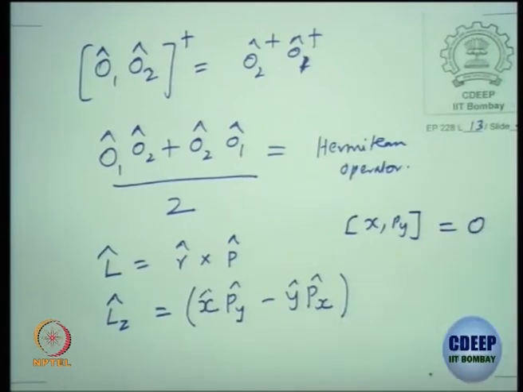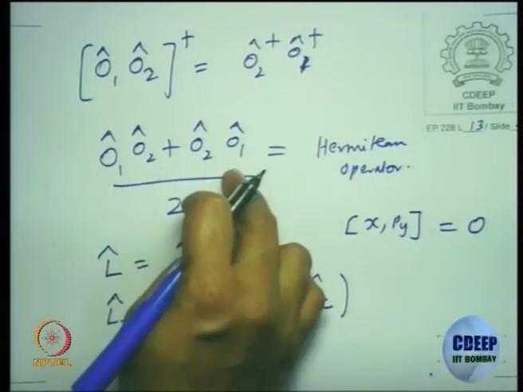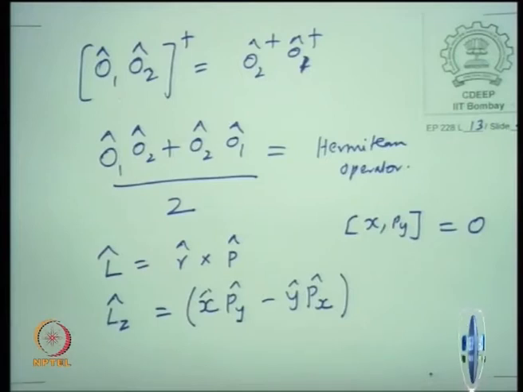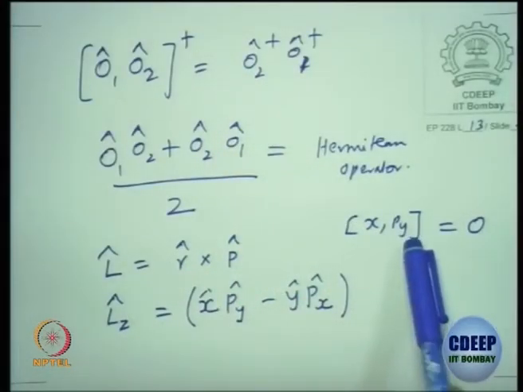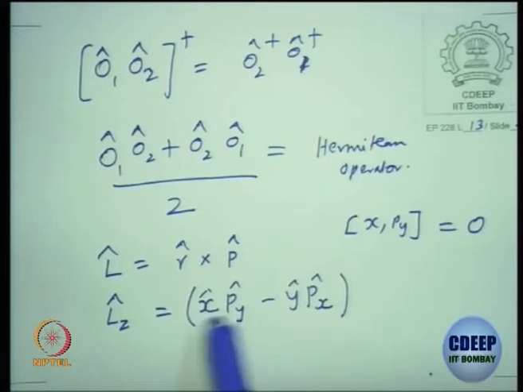This argument is only needed when O1 and O2 are not commuting. O1 O2 is different from O2 O1, but if O1 and O2 are commuting, O1 O2 is the same as O2 O1. That's the definition of a commutator. So whenever we know that x with the py component commutes to 0, we don't need to worry about the order.